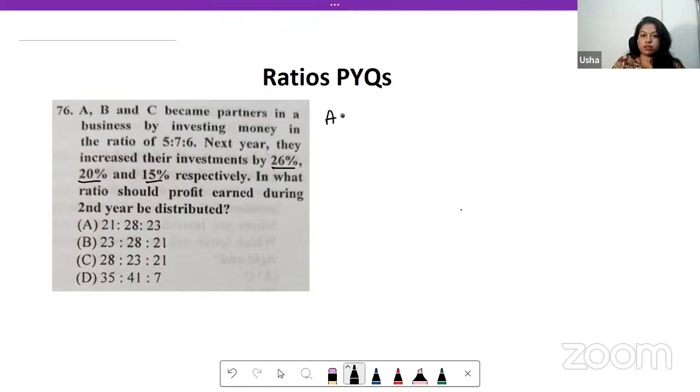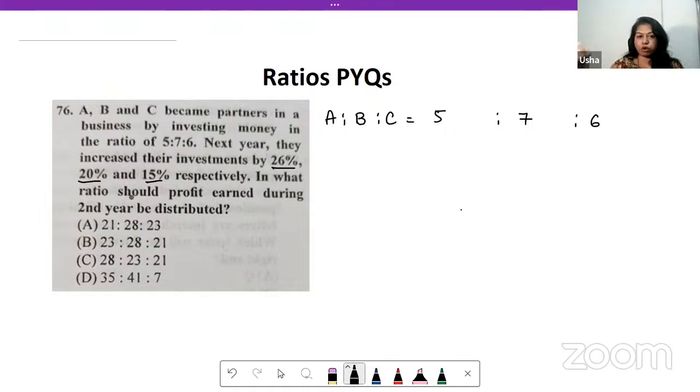So let us take the ratio of these three people, A is to B is to C. Their first year investment is 5 is to 7 is to 6. Second year, they're increasing their investments by these percentages.